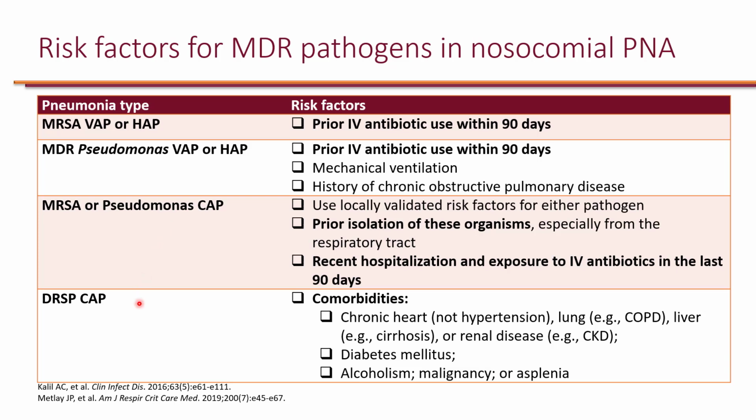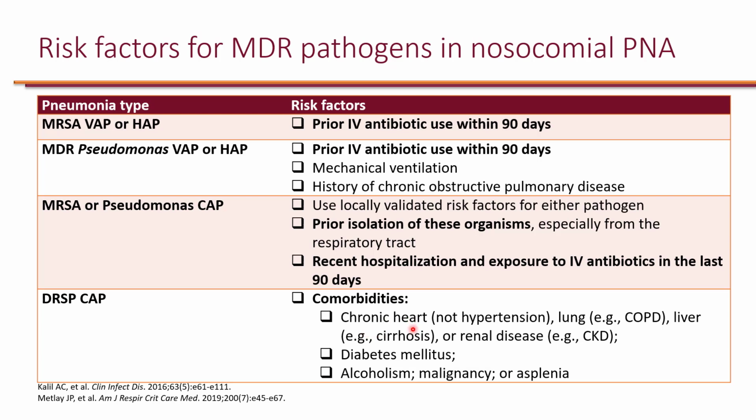And of course, because Streptococcus pneumoniae is the #1 cause of community-acquired pneumonia, there are also risk factors for drug-resistant strep pneumo. So comorbidities, specifically chronic heart disease, such as heart failure, chronic lung disease like COPD, chronic liver disease like cirrhosis, and chronic renal disease like CKD, these are likely to select for drug-resistant strep pneumo.